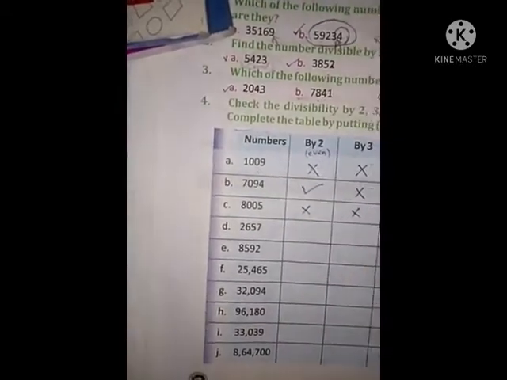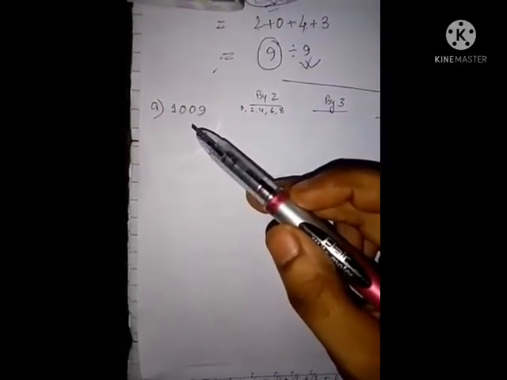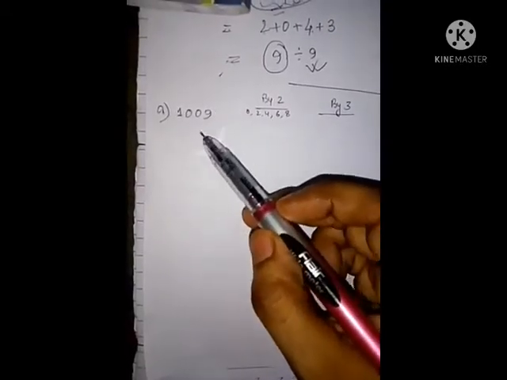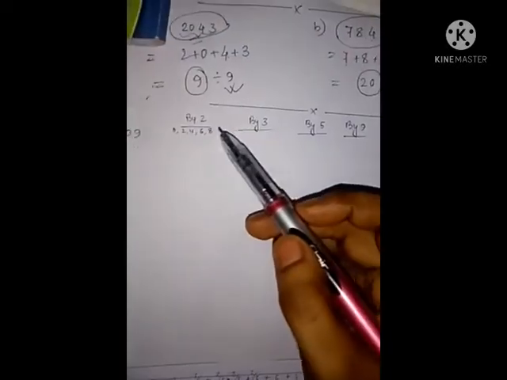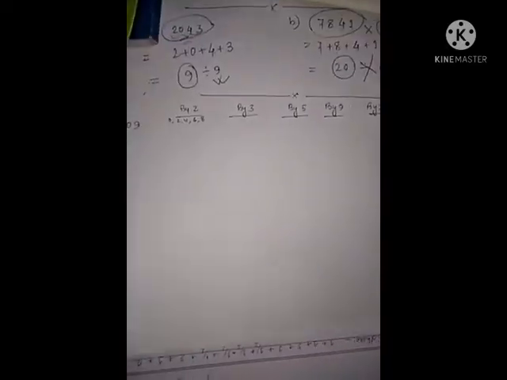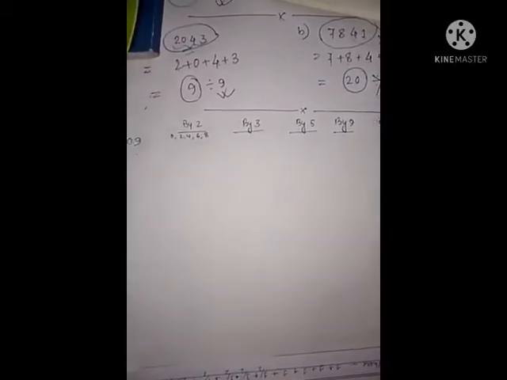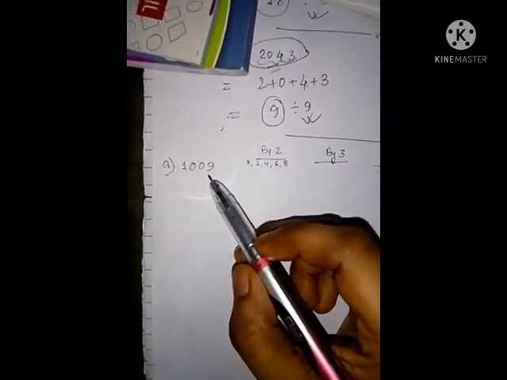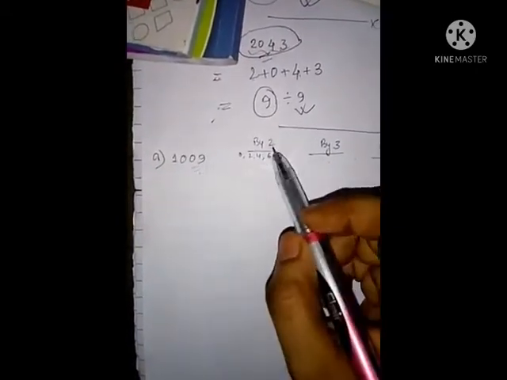Example A. We have to check whether this number 1009 will be divisible by 2, 3, 5, 9, 10, 11 or not. We have to check divisibility by each of them one by one.